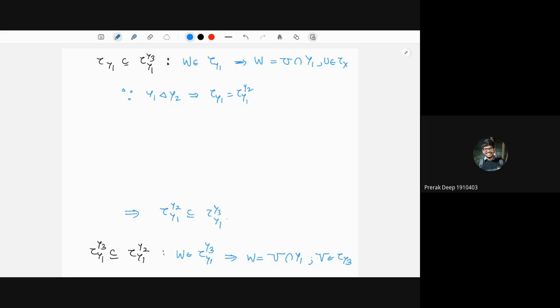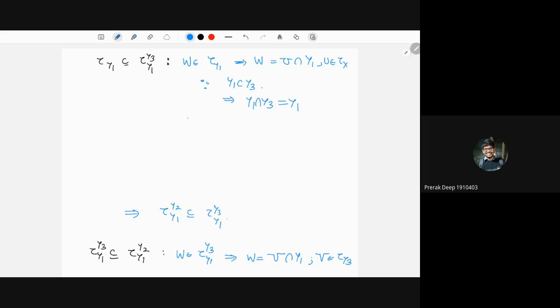Okay, so now here is a clever argument. Because y1 is contained inside y3, we can rewrite w as u intersection y1. Since y1 is contained inside y3, the intersection of y1 and y3 gives you y1 again.